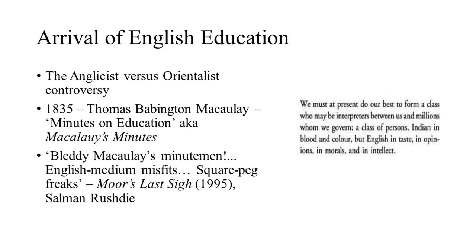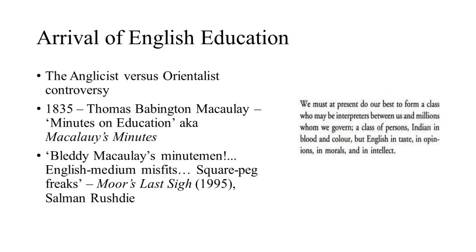widely debated. A particular debate that is of interest to us today is that between the Anglicists and the Orientalists. The Anglicist versus Orientalist controversy comes to its peak in 1835, and the debate is between whether an English or a Sanskrit education should be provided to Indians through the British colonial apparatus.